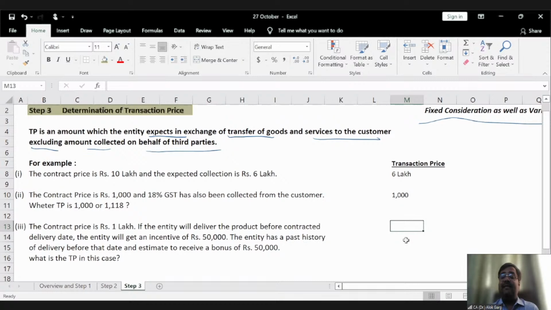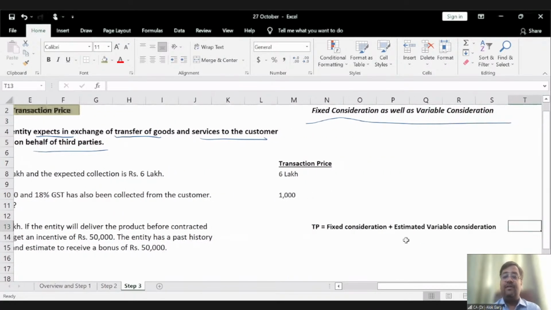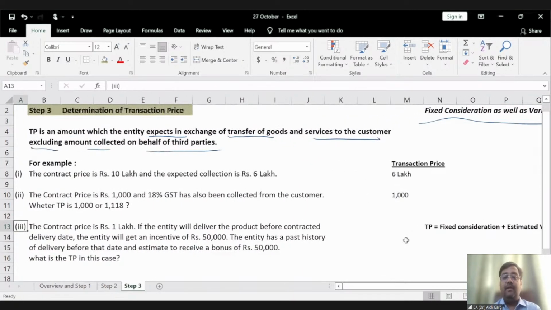So friends, in this case, you have to estimate the transaction price at the inception of the contract. So whether you will say that the transaction price is only a fixed consideration or also a variable consideration. The transaction price is equal to fixed consideration plus estimated variable consideration.